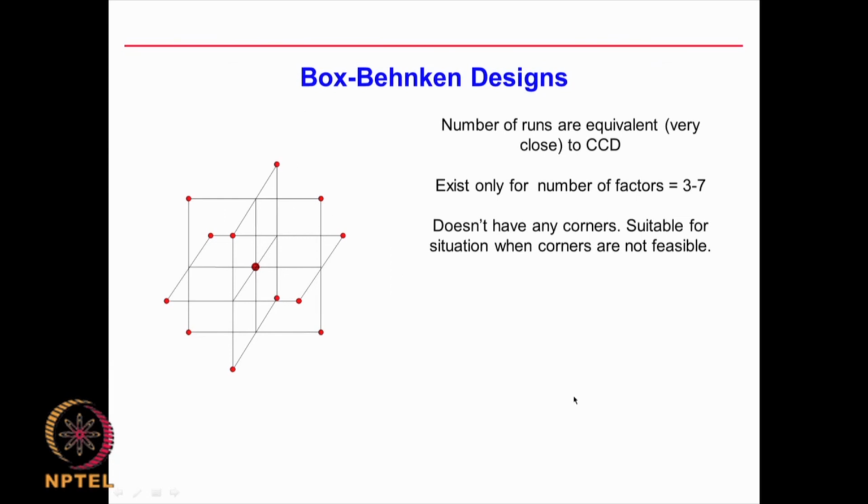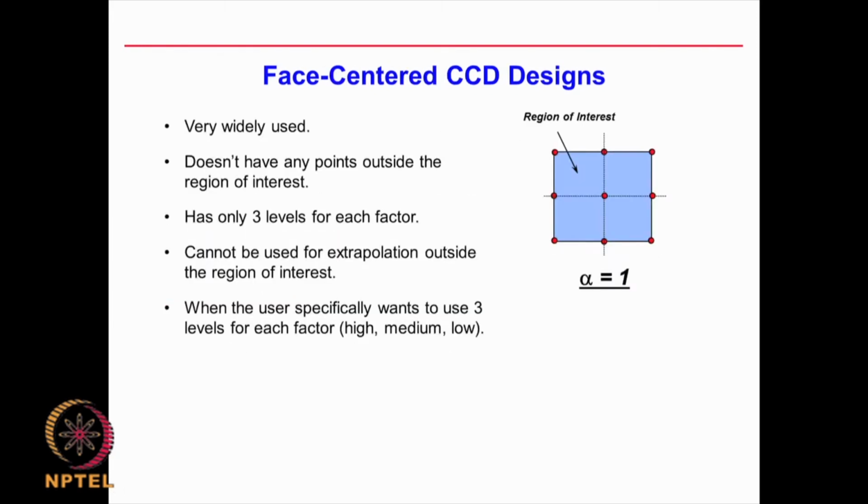Okay. Of course, it exists only if the factors are 3 to 7. So it is not the corners, it is doing at the center of these edges actually. That is called the Box-Behnken design.